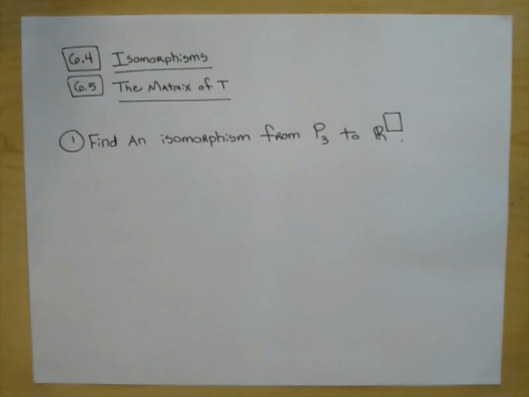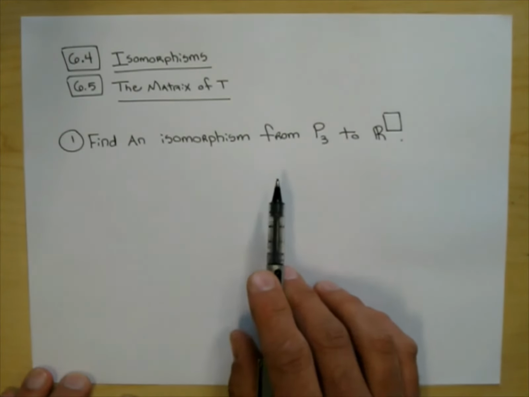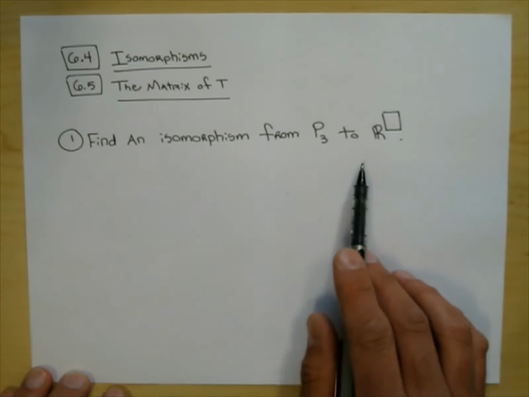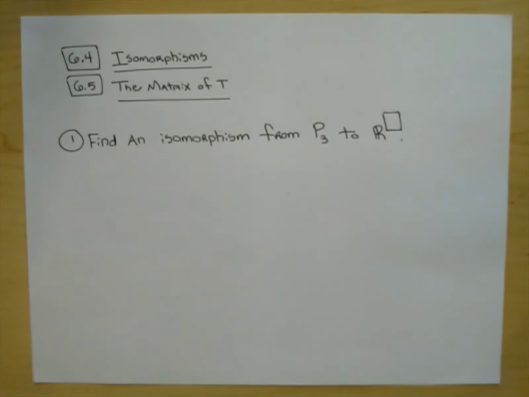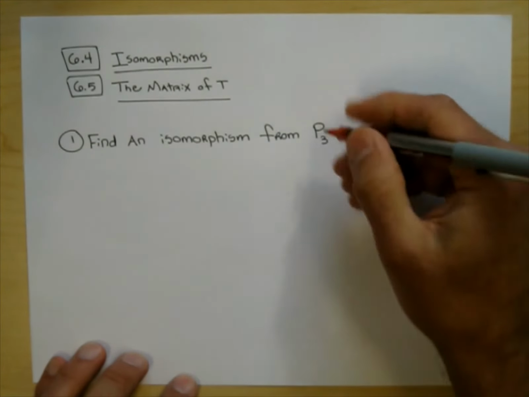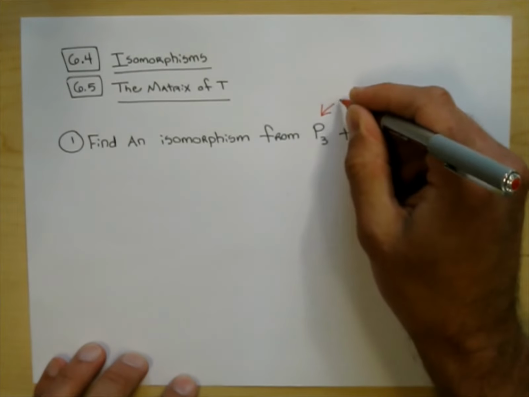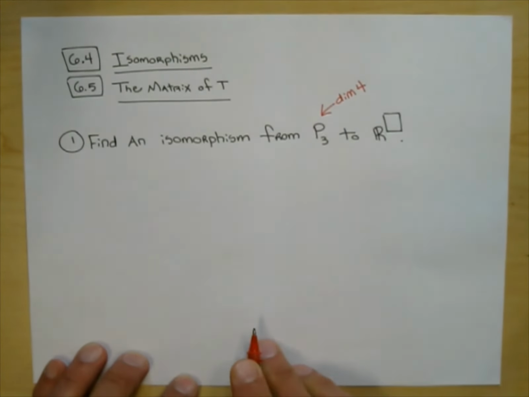So let's get back to our problem here, which asks you to find an isomorphism from P3 to something. Okay, so the way you want to approach these problems is you want to say, well, what is the dimension of P3? That has dimension 4.